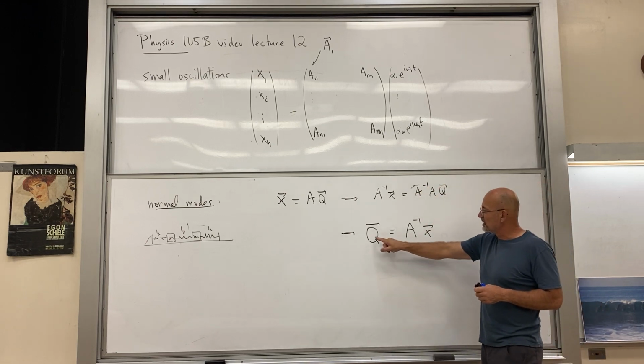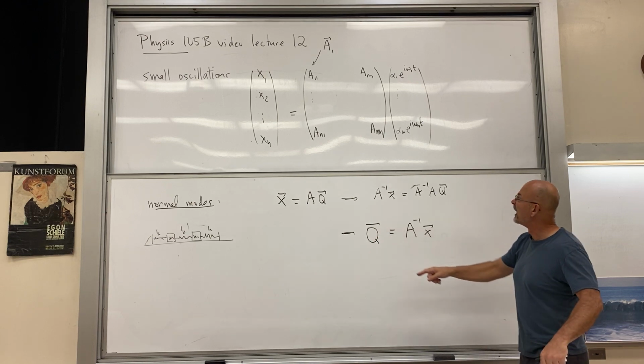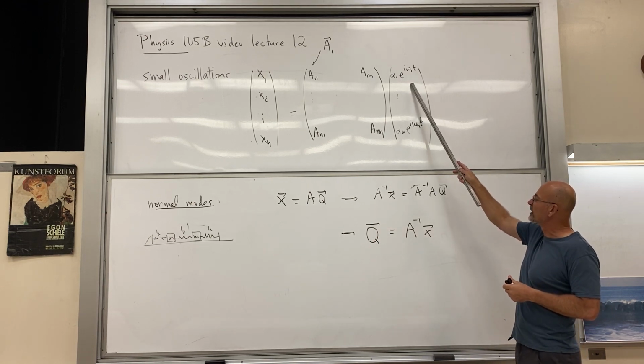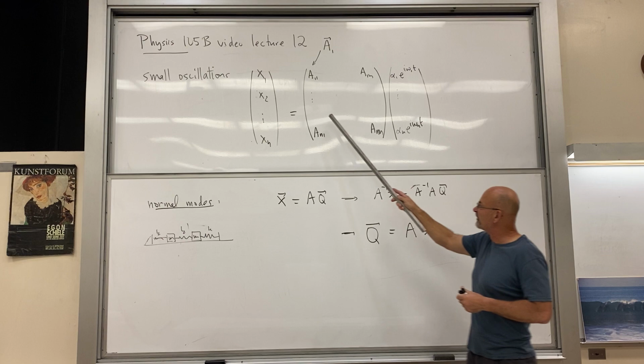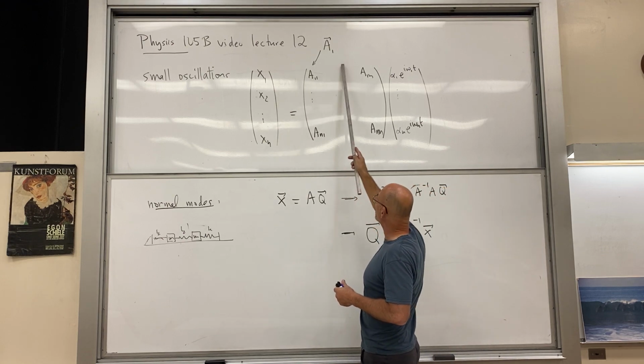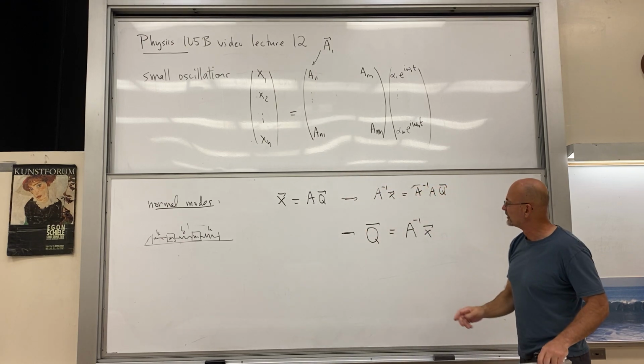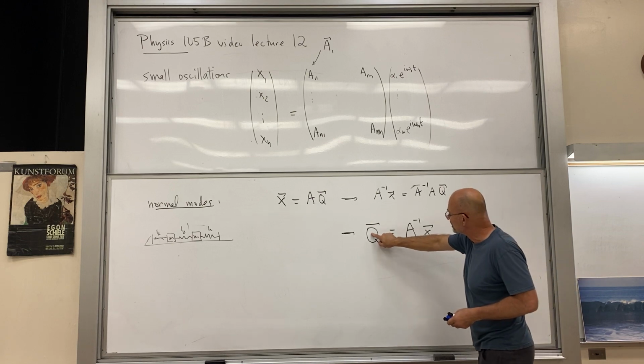And each component of Q oscillates with its own frequency, but it's a major mix of all of these motions here. So a single frequency for each component of Q.